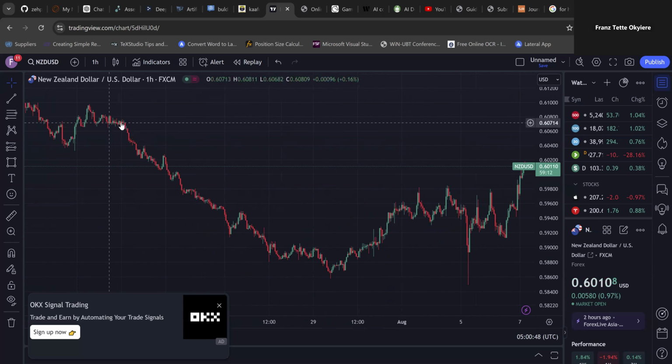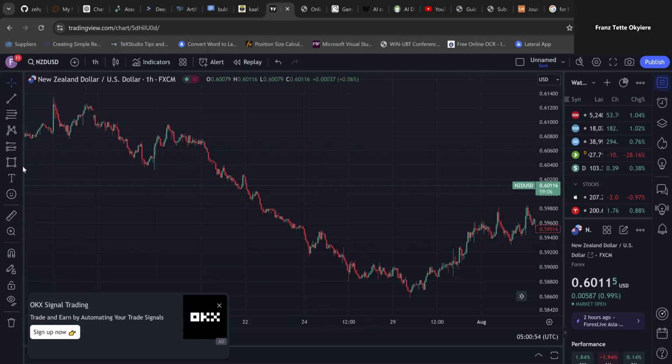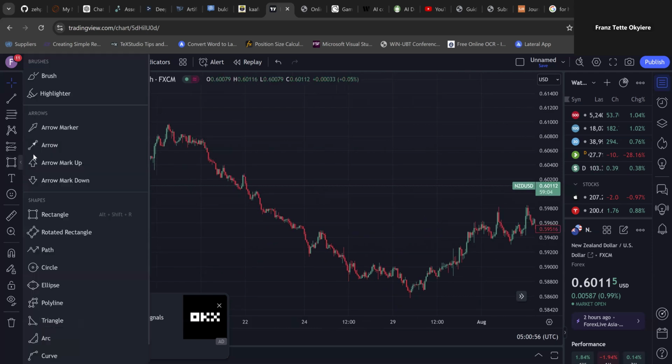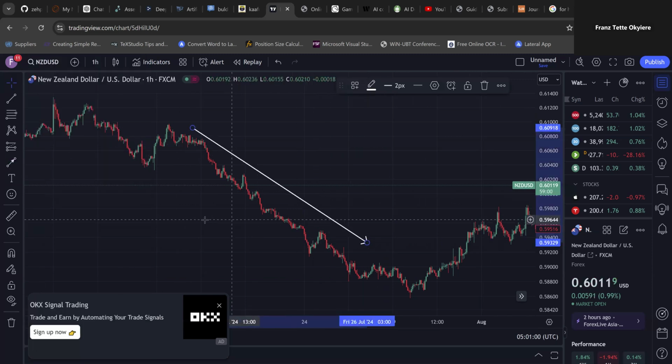So where are we having a break of structure on this chart? This is a downwards slope, down here. Is there a structure that is breaking? Okay, definitely it is breaking some sort of structure.